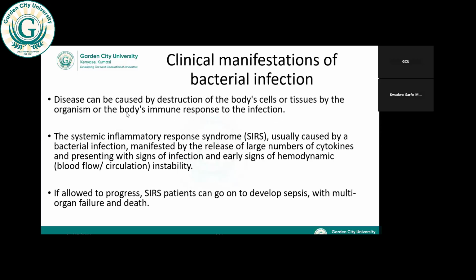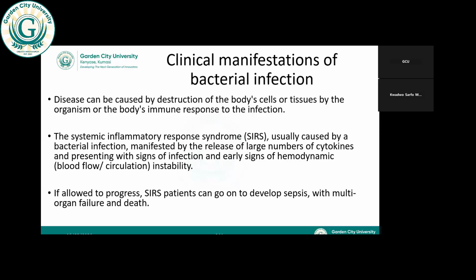Some of these diseases can be as a result of destructions in the cells or the tissues, or the immune system trying to fight harder, and then there is imbalance. And this could sometimes lead to systemic inflammatory response syndrome as a result of large numbers of the cytokines or the other machinery that the immune system is trying to use to fight the infection.